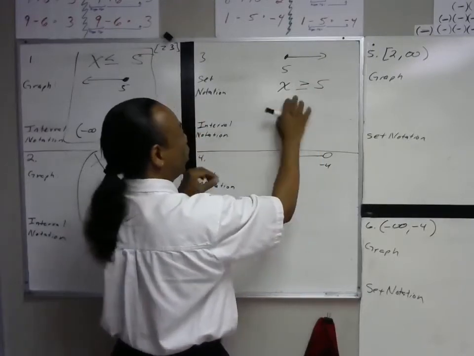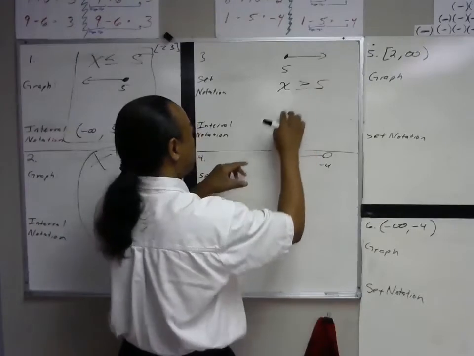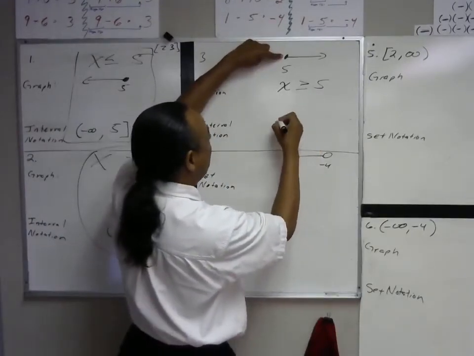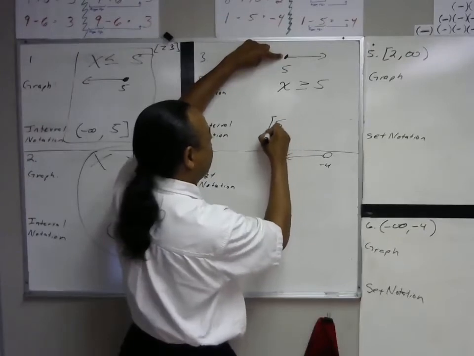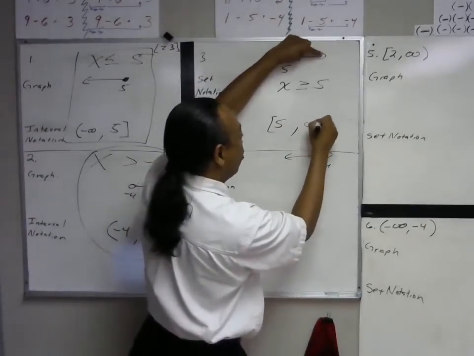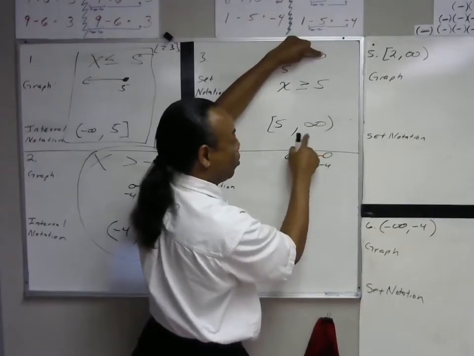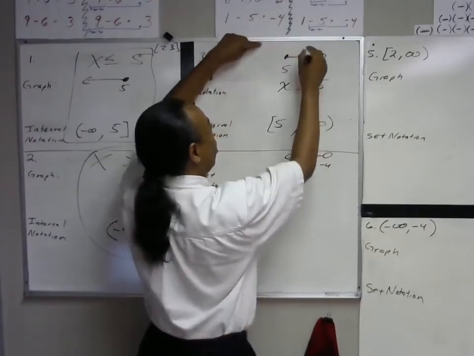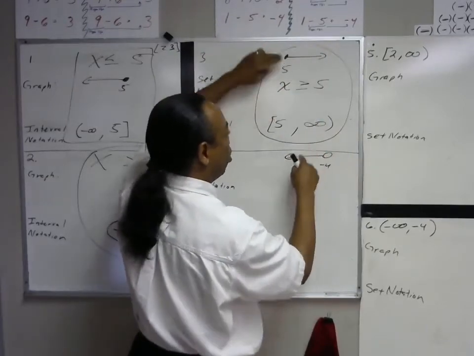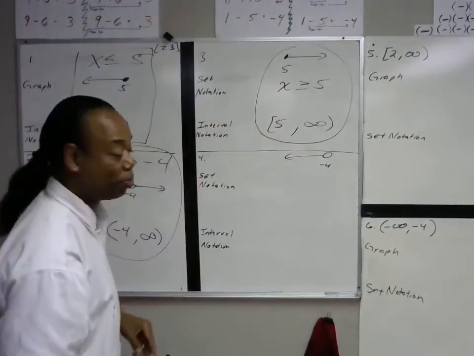And that's the set notation for this instance. Now, interval notation, what I would do is I would say to the left, we actually stop at 5, okay? But to the right, we keep going on forever, positive infinity. So again, we have the graph, we have set notation, and we have interval notation. All three of these are saying the same things.